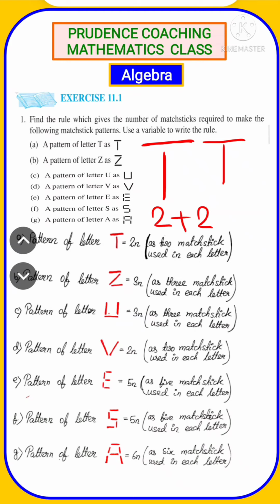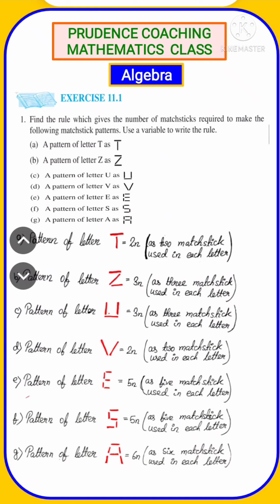Again if I say I am making 3 T's, how many matchsticks will I need? We will need 2 plus 2 plus 2, that is 6 matchsticks. If we add it thrice, we will get 6, or if we multiply 2 into 3, we will get 6. So this is the number of matchsticks, and this 3 is the number of times, or frequency, of T appearing here.